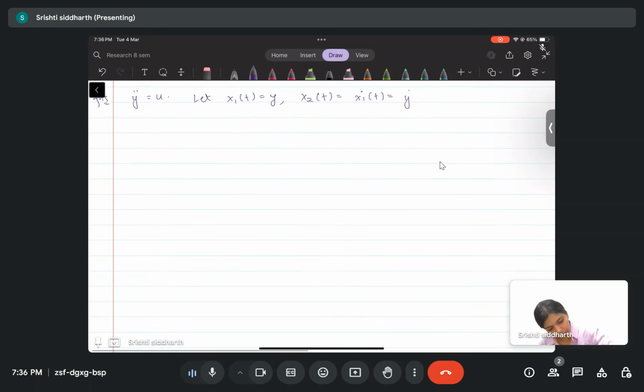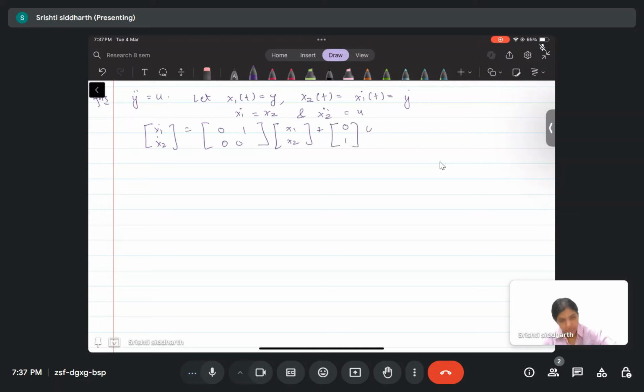Okay, so we have that x1 dot equals x2 and x2 dot equals the input. So we have x1 dot, x2 dot equals 0, 1, 0, 0 times x1, x2 plus 0, 1 times u.